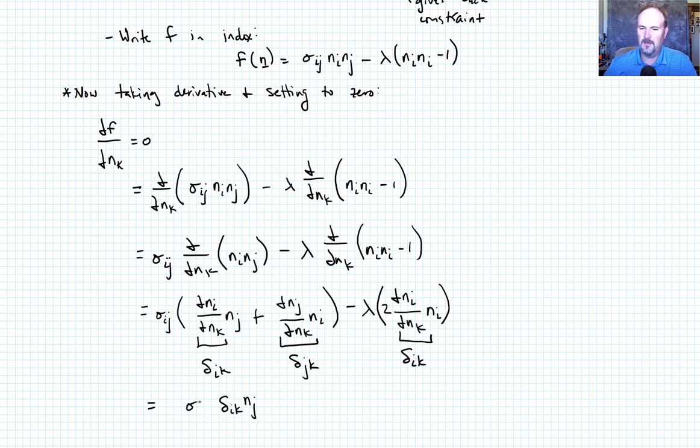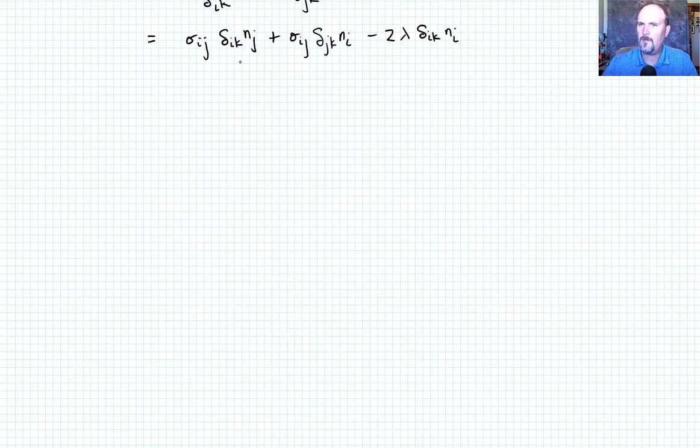So this looks like sigma ij, and then plus sigma ij times delta jk ni, minus 2 times lambda times delta ik ni. Don't forget also that this whole term, as I wrote above, is equal to 0. So we're trying to solve for the values of n that make that true.